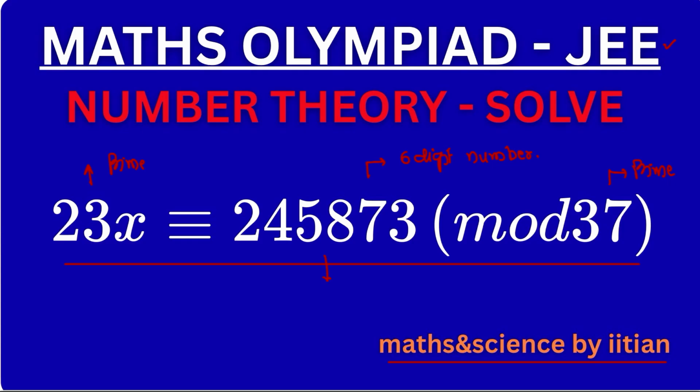It requires simplification of the number 245873, and also a little bit of logic, and number theory principles to be applied. Almost many things from number theory and algebra are involved in this particular question. Hence, I have taken this up. Let us try to solve.